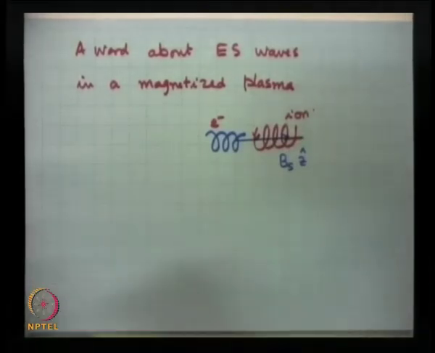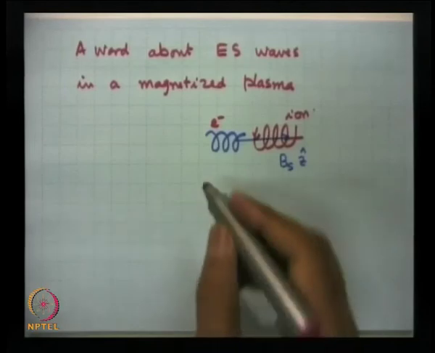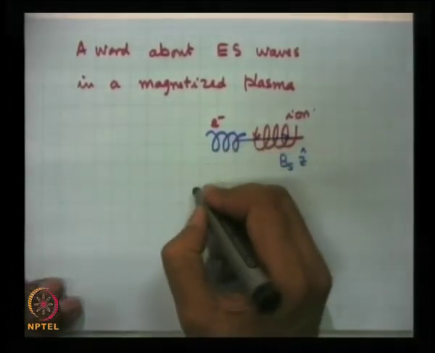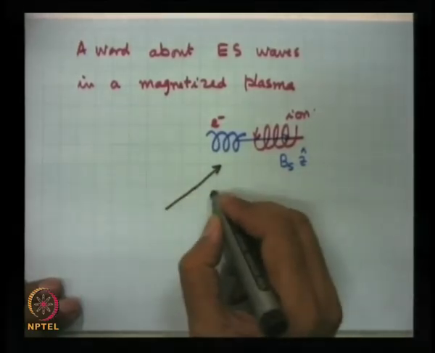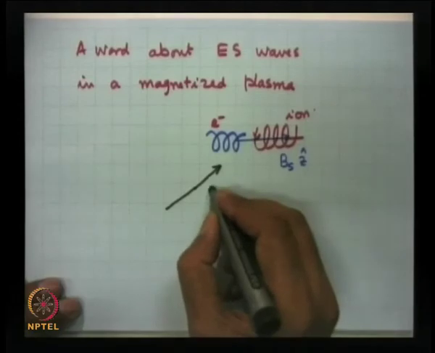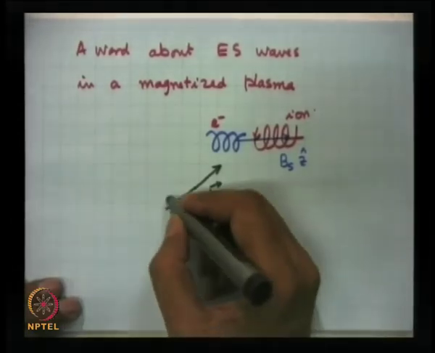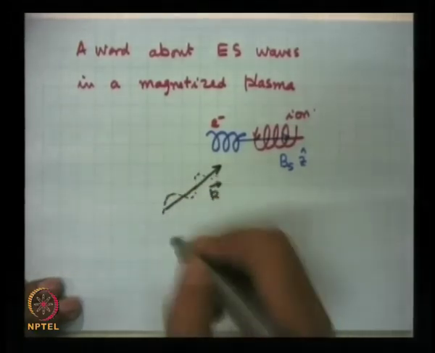They will gyrate about the lines of force. And if you are launching a wave in the system, suppose a wave is going in the system with k vector here, then this wave will have electric fields with these kind of variations.